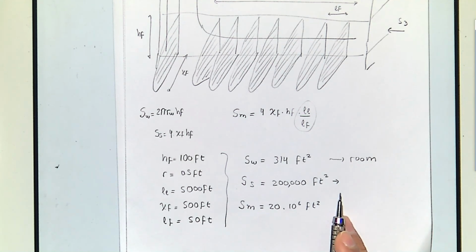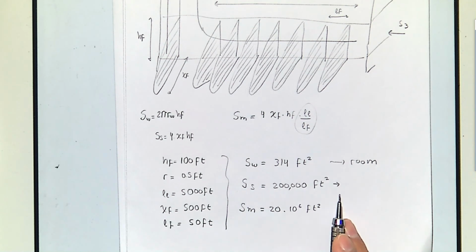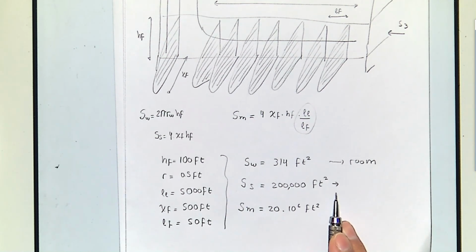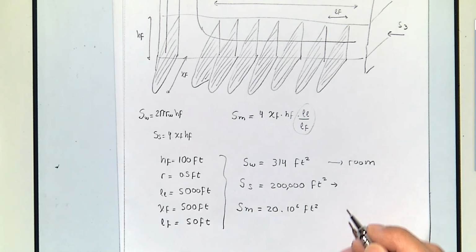A football field is about 57,000 square feet. So this one is about 3 and something, right? Can anyone make that number? 200,000 divided by 57,000? That should be 3.5.